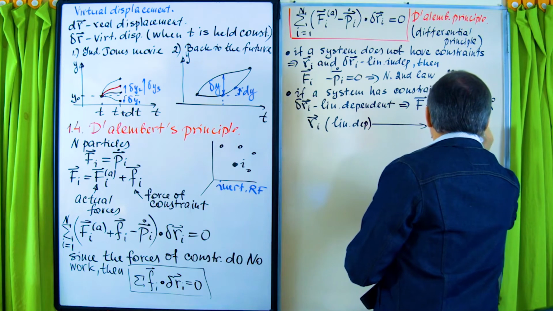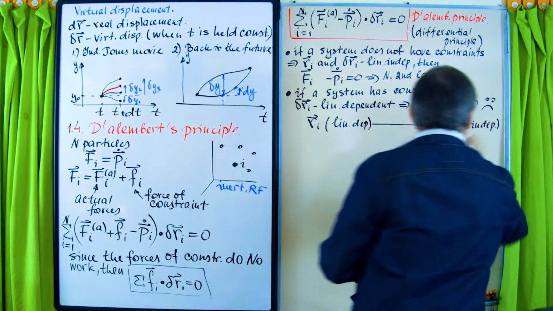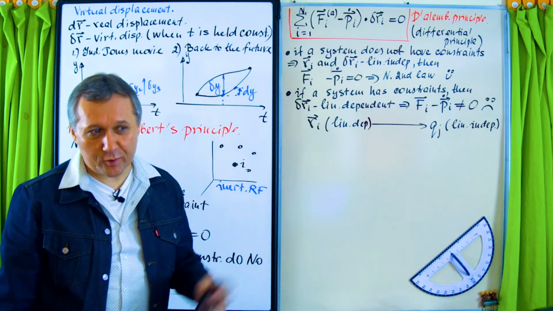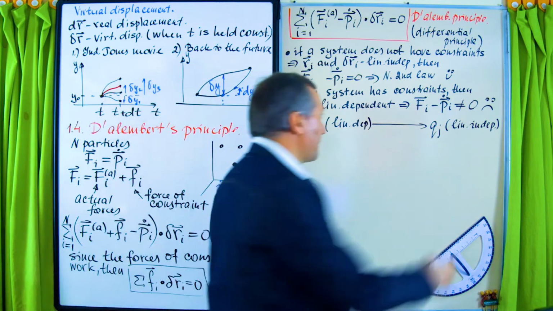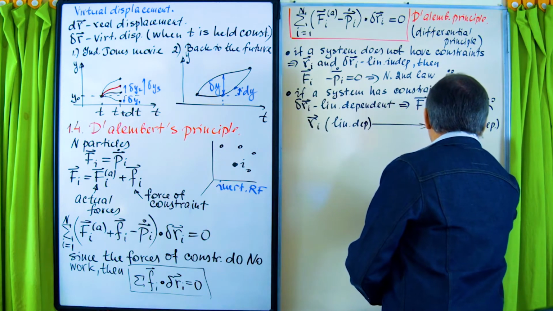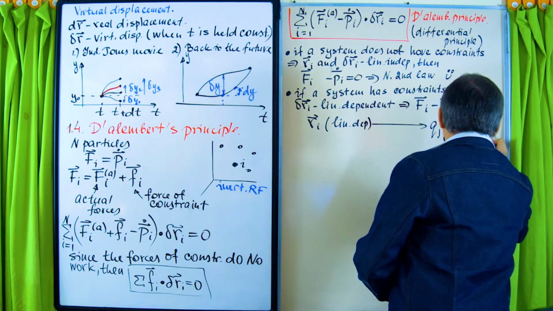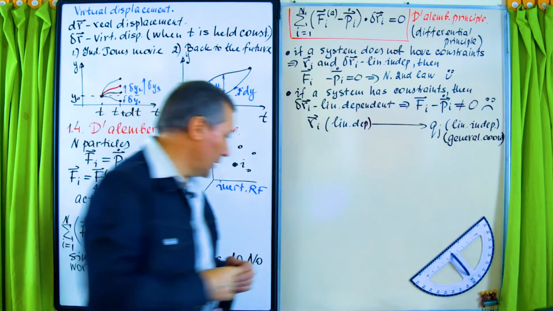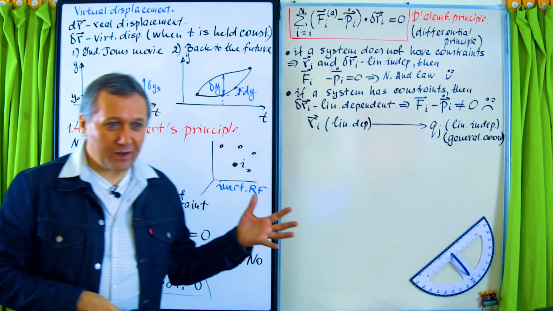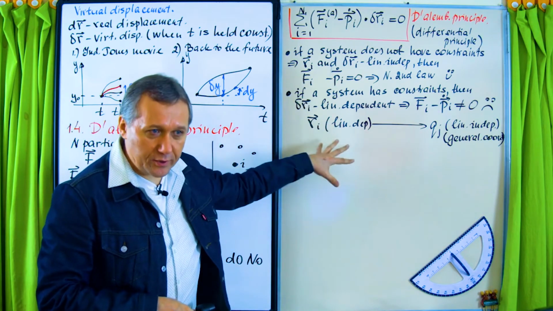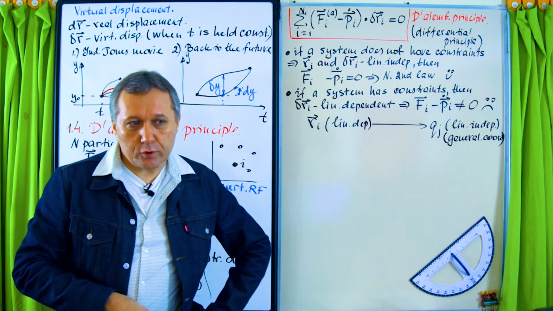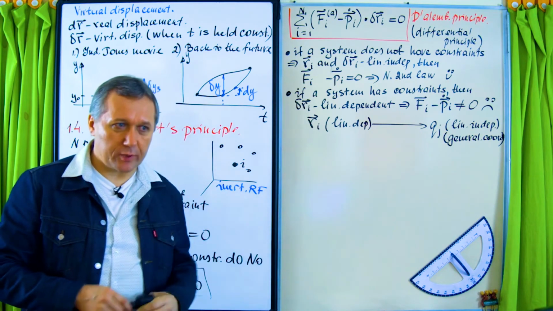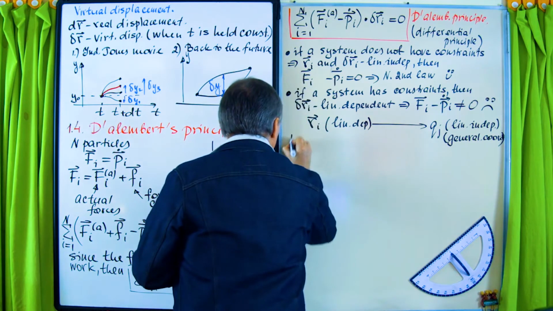These are linearly independent coordinates, and we call them generalized coordinates. Whenever you make a transition from Cartesian to generalized coordinates, you need to show the transformation equations.